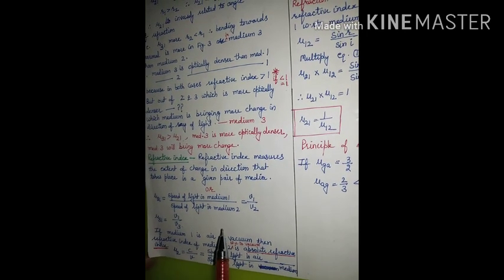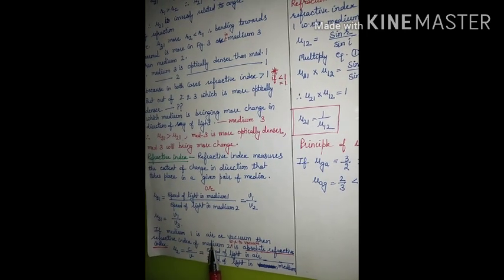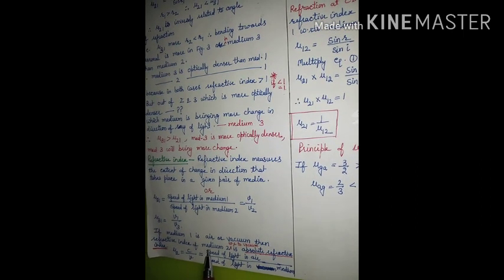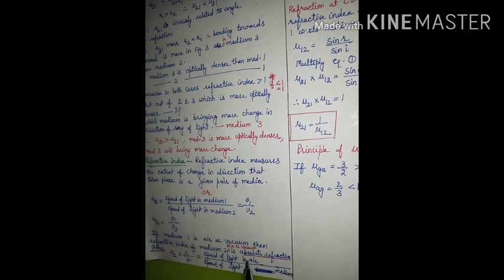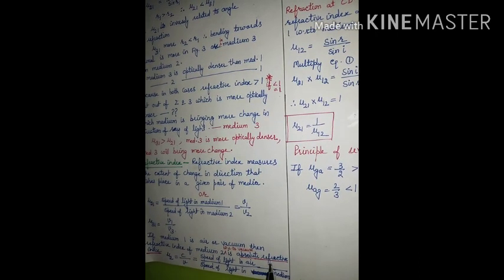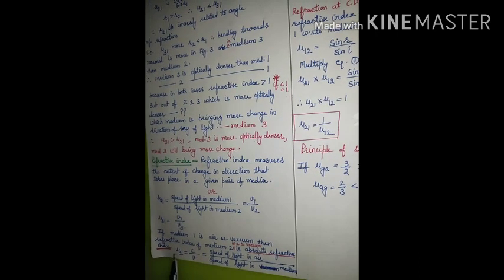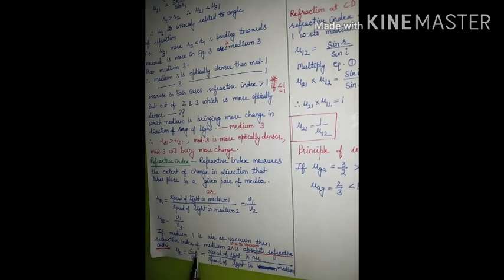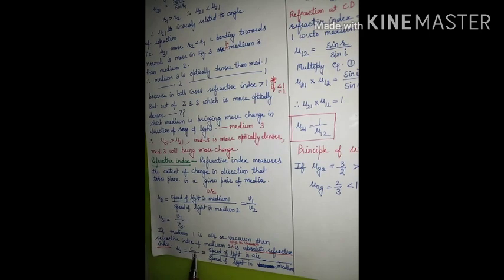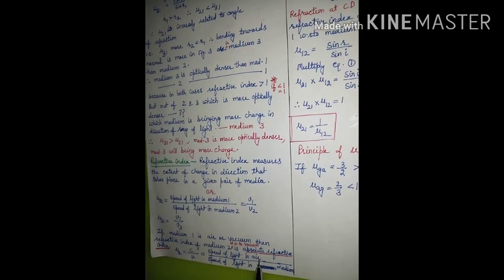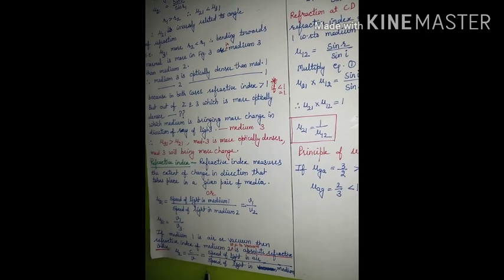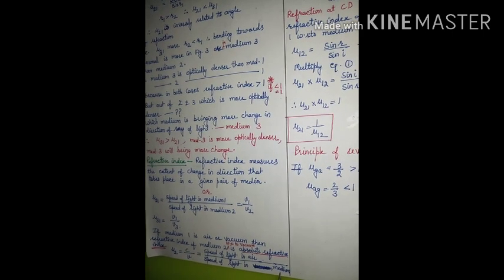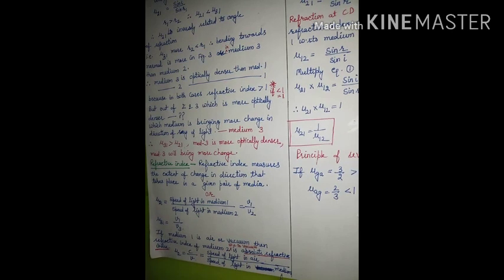If the first medium through which the ray of light is coming is air or vacuum, then the refractive index of medium 2 with respect to vacuum is known as absolute refractive index. It can be represented like this: mu2 is equal to C upon V. What is C representing? Speed of light in air or vacuum. V is representing the speed of light in another medium where the ray of light is going to enter.